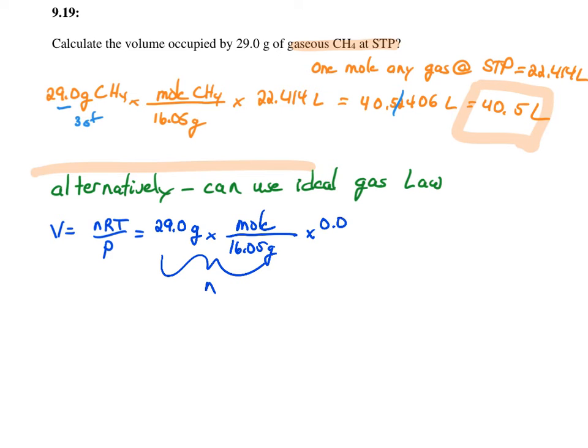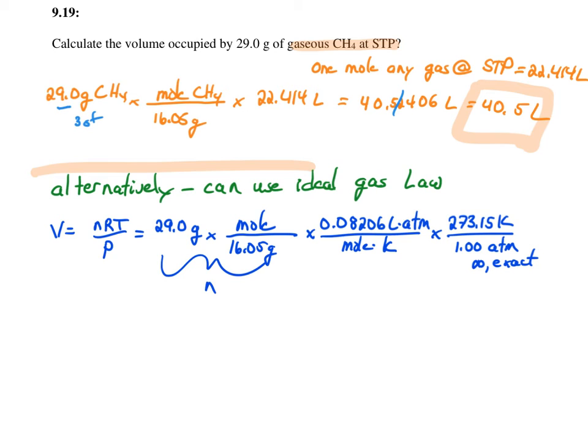R, and T has to be Kelvin. At STP, it's 273.15 Kelvin. And our pressure at STP is 1.00 atmospheres exactly.